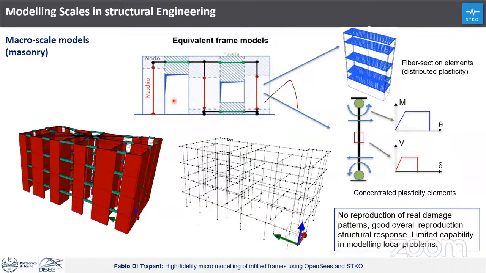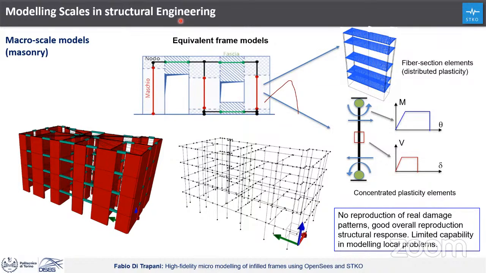By reducing the complexity of the model and going to more practice-oriented solutions, an example for masonry is the equivalent frame model. Equivalent frame models can be, for example, built with fiber section elements or with elastic elements combined with concentrated plasticity.